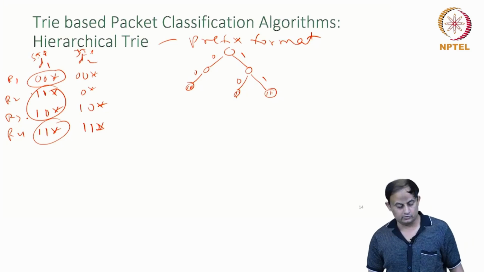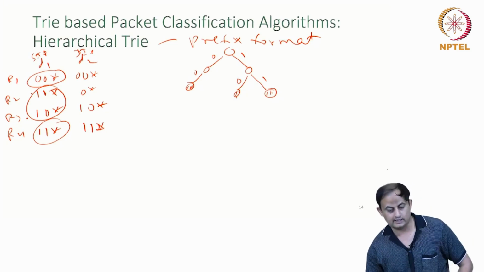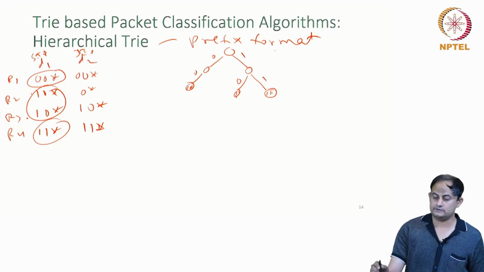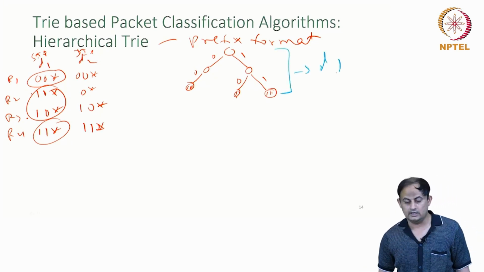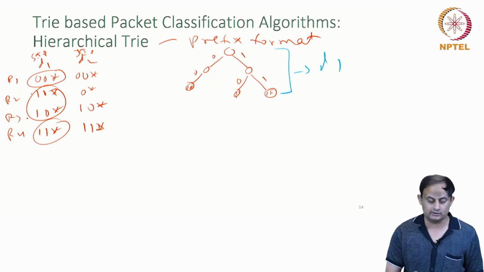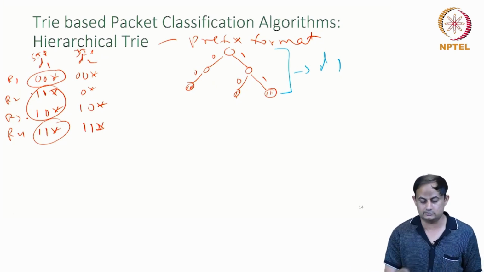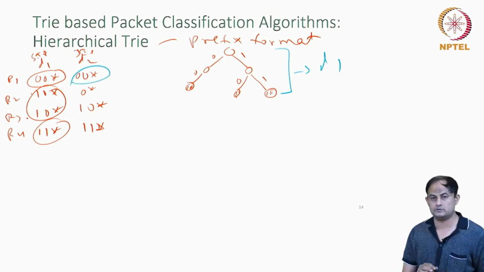Now I am going to construct a second level trie. This trie is for the dimension D1, and I am going to do a construction for the second level. So what are the unique combinations? 00 star is in rule R1. So it is applicable when R1's first dimension is 00 star.